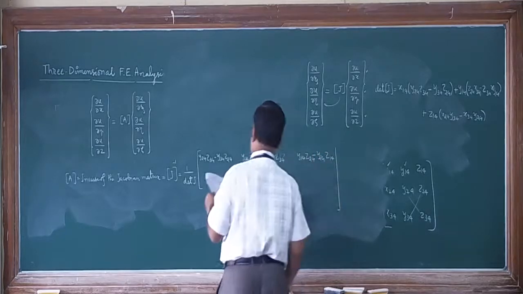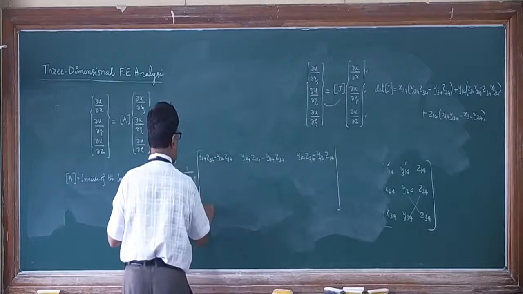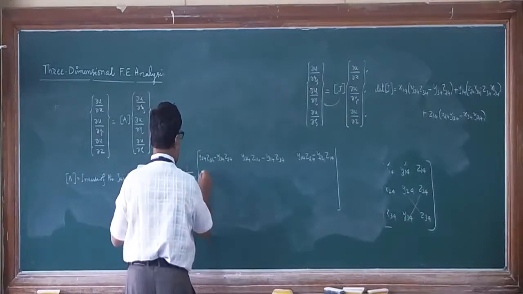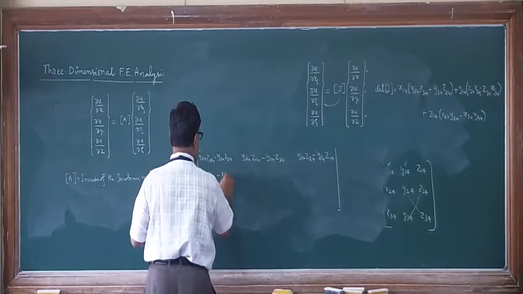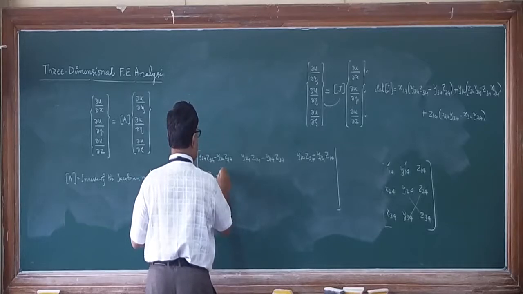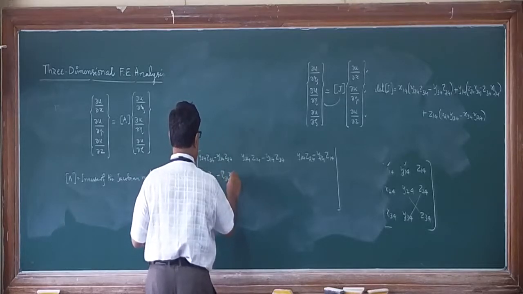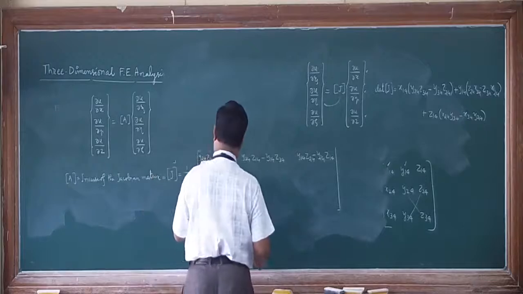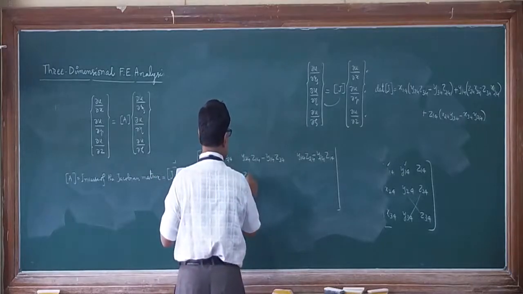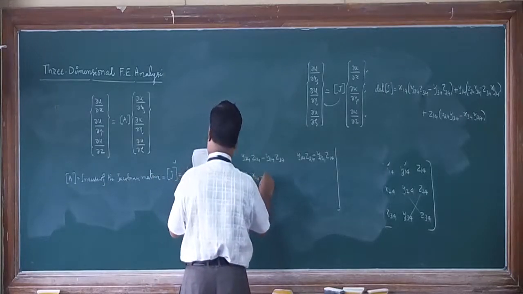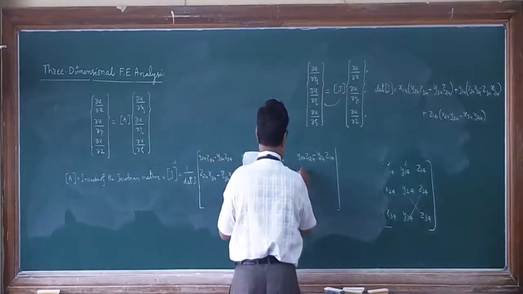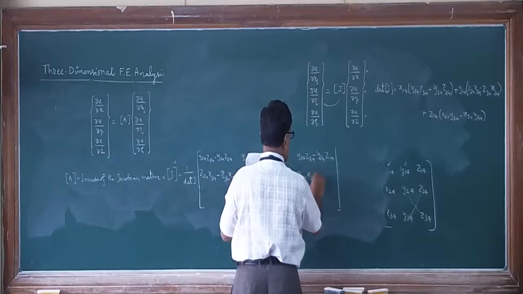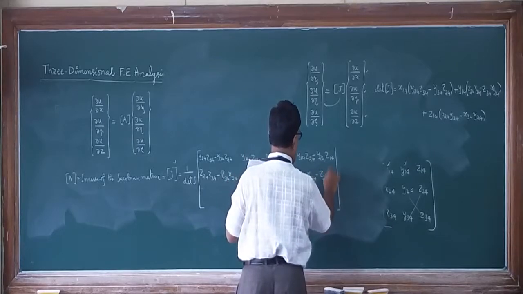Okay, when it comes to this second one, z24 x34, x34 z34, x24 z34, x14 z14 x34, z14 x24 minus z24 x14.